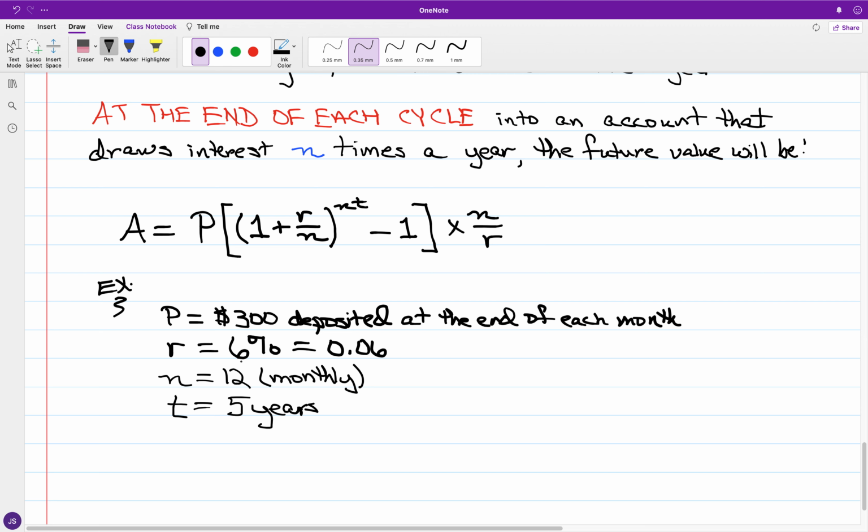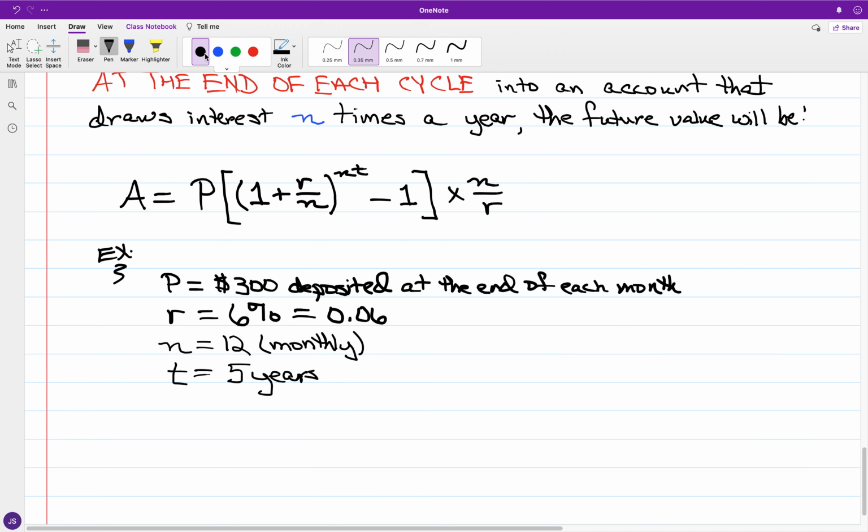So just the lump sum of the deposits, we're looking right at $18,000. And you're going to have this along with 6% interest compounded. And so for the future value, we have the numbers: P is $300.